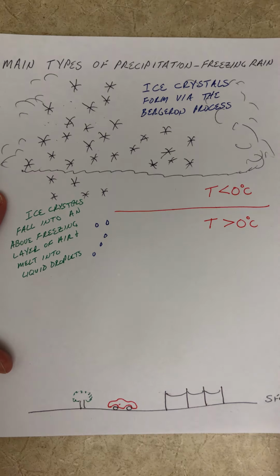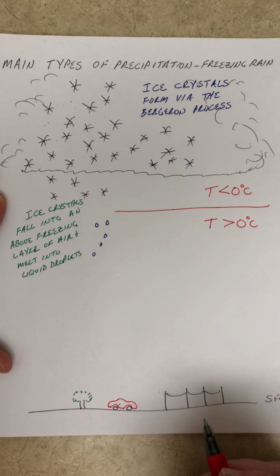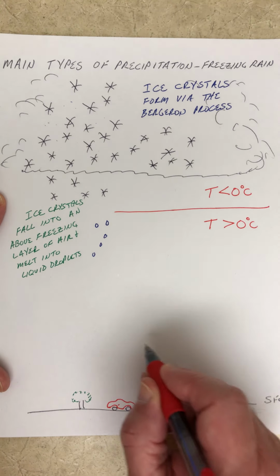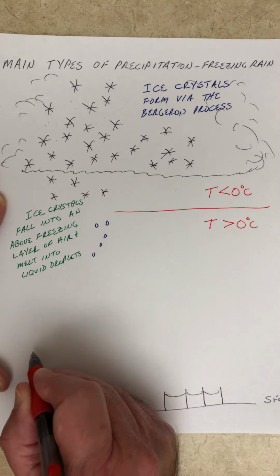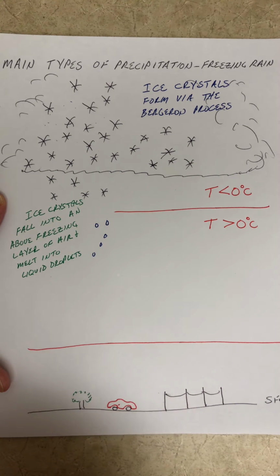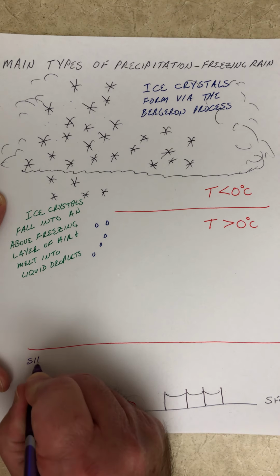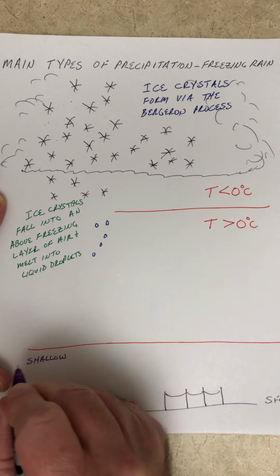This layer of above freezing temperatures is not going to last for long. Once we get closer to the surface, I'll just draw this all the way across here, we have a pretty shallow layer at the surface.